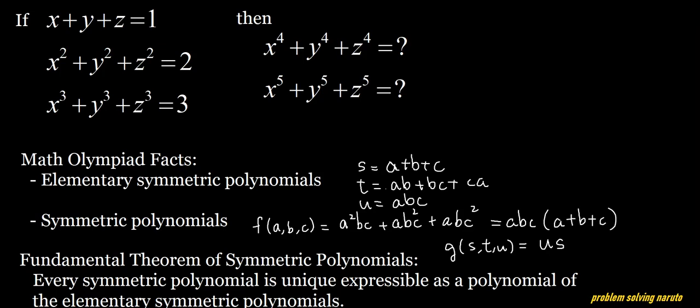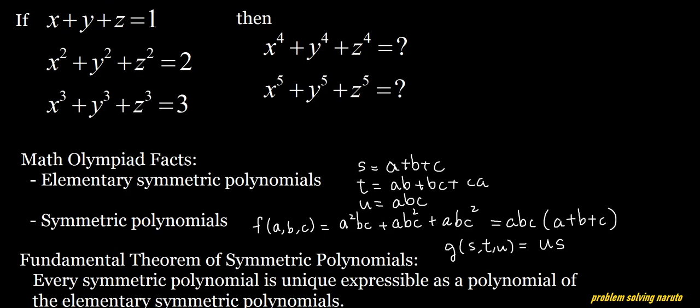So what's the plan? Whenever we try to solve a problem, George Polya, the famous author of the book How to Solve It, says you should have a plan, right? So what's the plan here?